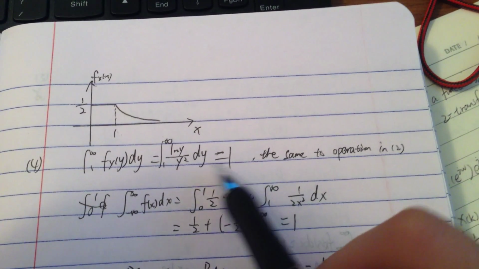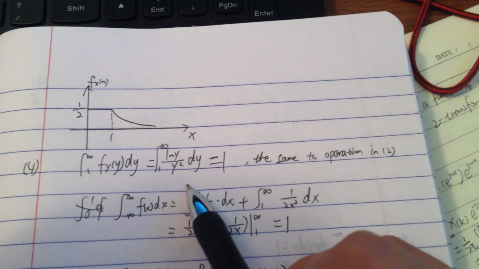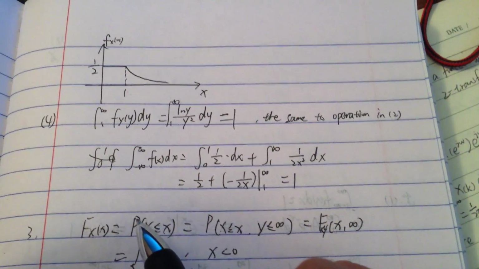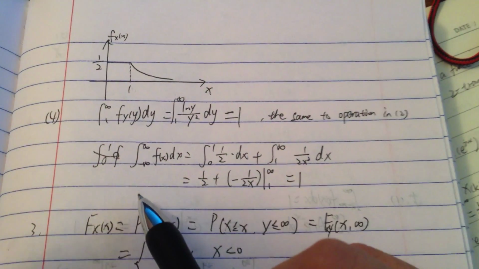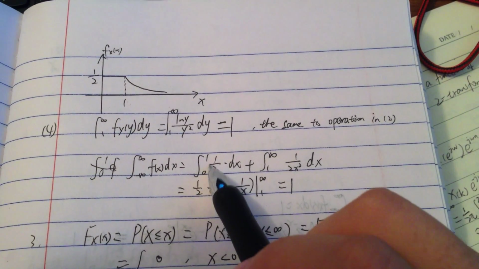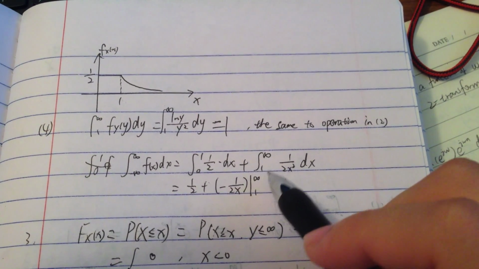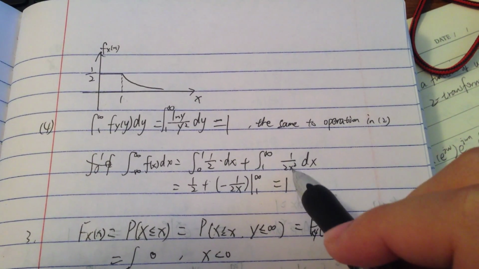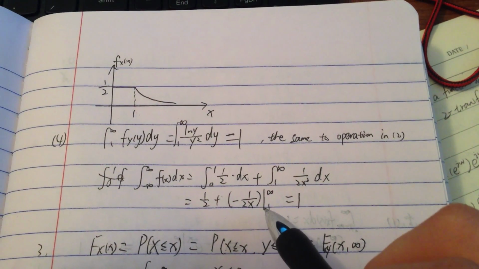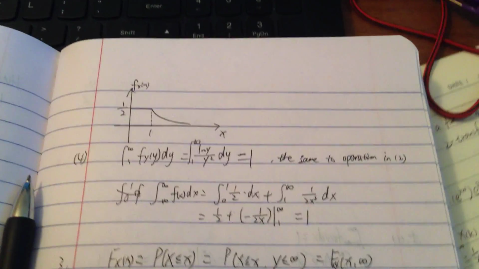So we can say the marginal density function f of y is valid, and we should do the same operation to f of x. Integral from 0 to 1, 1/2 times dx plus integral from 1 to infinity, 1 over 2 x squared times dx. It also equals 1. So we have known f of x and f of y are all valid density functions. Thank you.